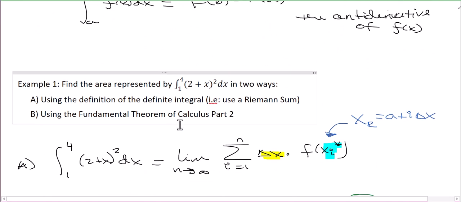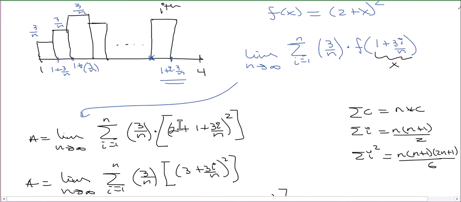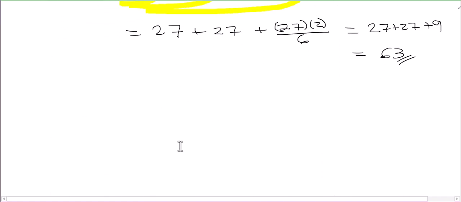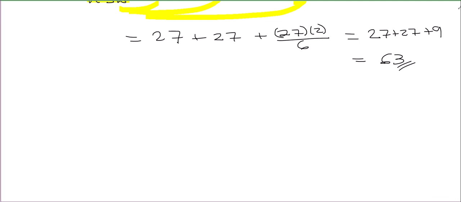Now, part B, enter FTC part 2, the fundamental theorem of calculus that makes the connection that the antiderivative is related to the integral.